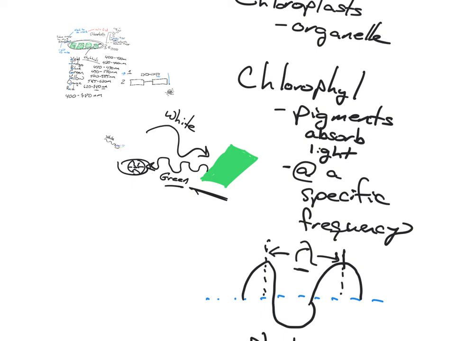All the other colors are absorbed by this pigment except for green. So the color you see is only the color that wasn't absorbed, the color that gets bounced around in the eye. That's the color that's moving from whatever you're looking at to your eyeball.